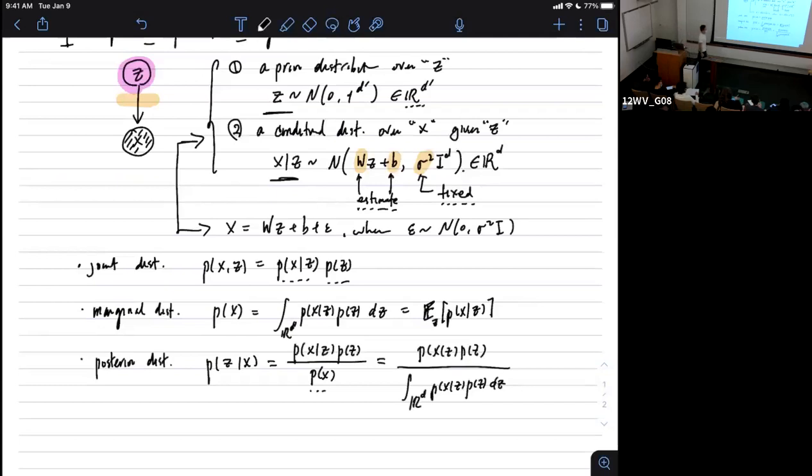What it means is that if we compute this joint probability and then normalize it so that it sums to one over Z, then we can compute this posterior distribution.